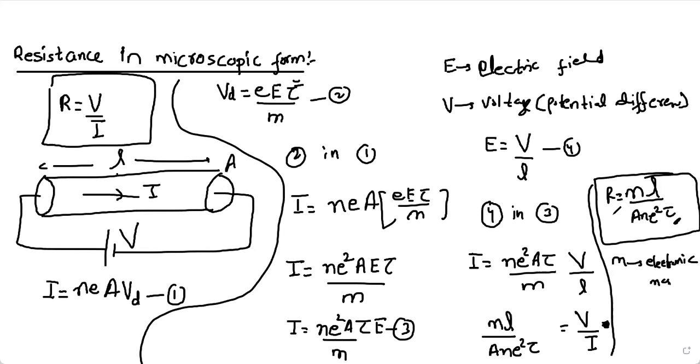Anyway, this is the formula of resistance. R is ml by A n e squared. So you can say that resistance is directly proportional to length, inversely proportional to area of cross section, and it also depends upon number density as well as relaxation time.